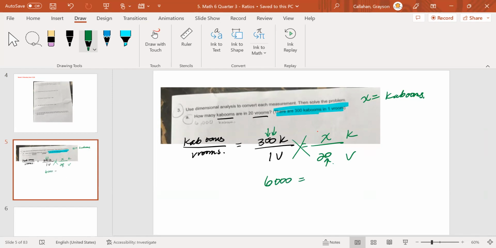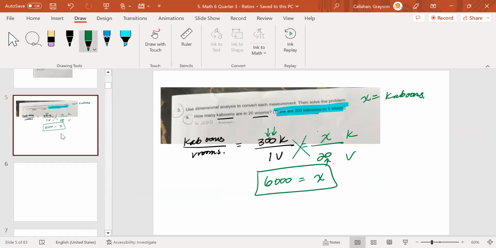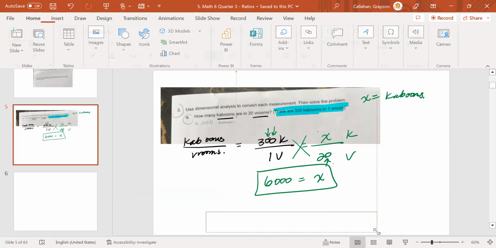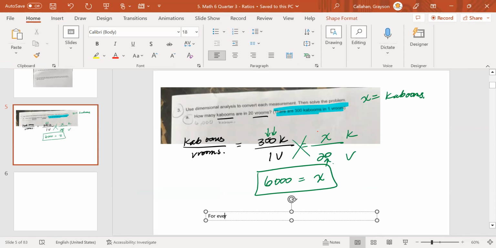That equals 1 times X, or just X. So your answer is, and I can type this up for you: for every 20 rooms, there are 6,000 kabooms.